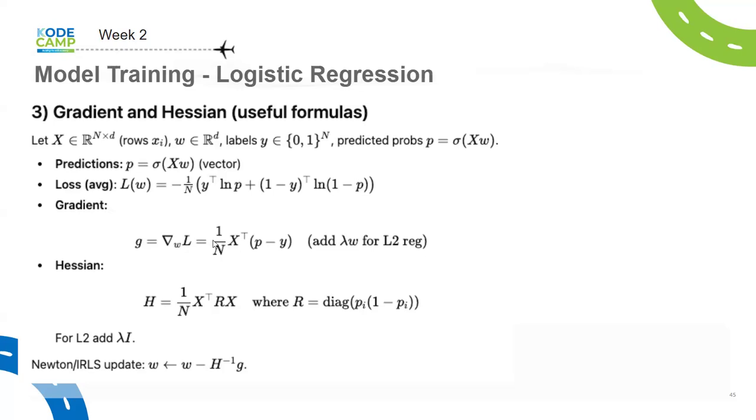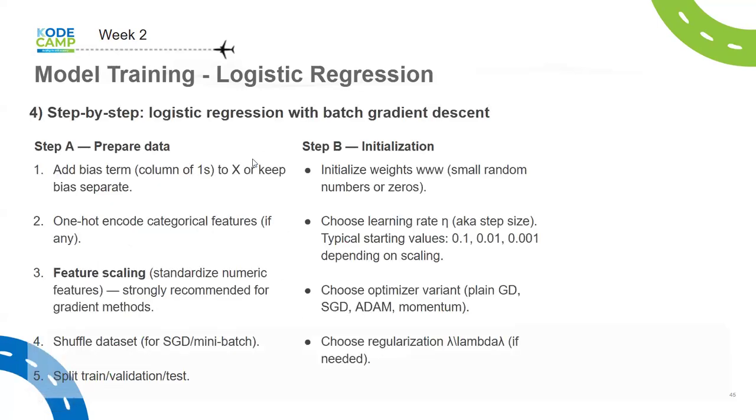We multiply by x and divide by n. So this is still the same thing we were using for linear regression, the mean of the difference in the values. Then there's something we call a Hessian. We're not going to look into that in detail.